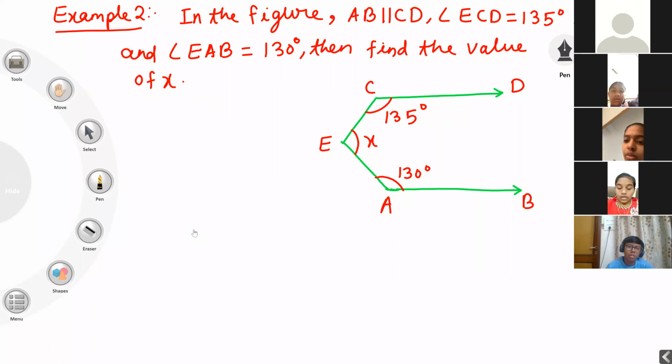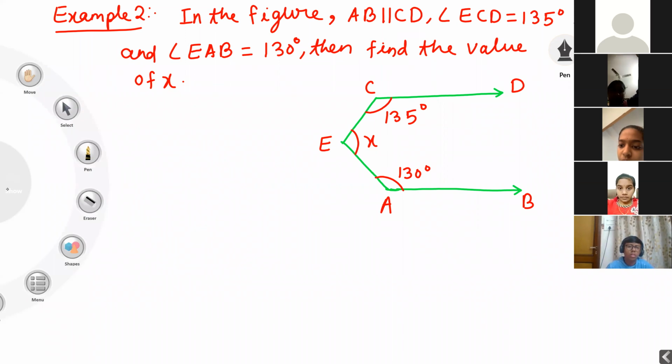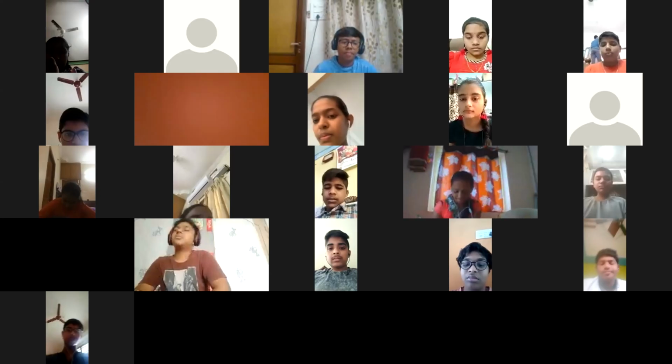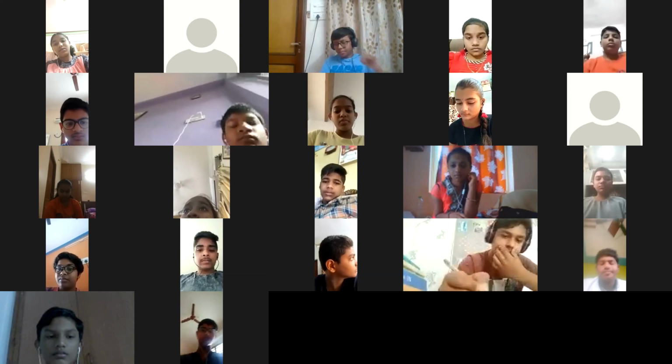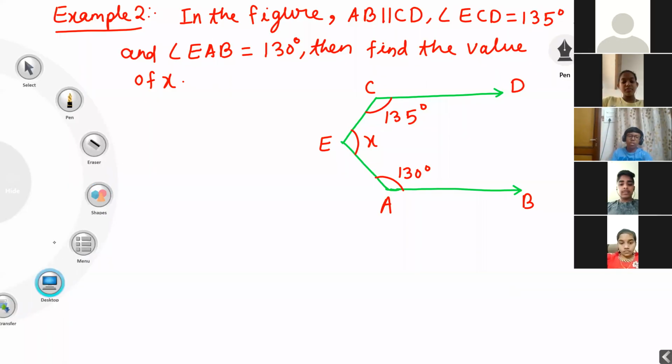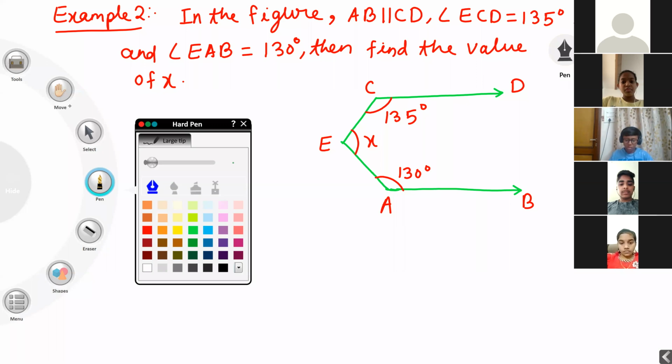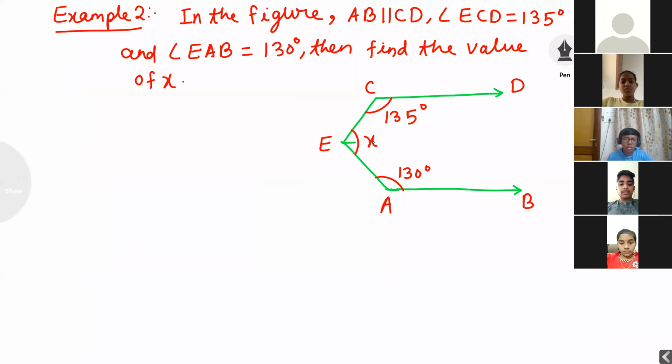Students, concentrate here on how to solve this question. Firstly, I want to draw a construction. I have taken this line EF.